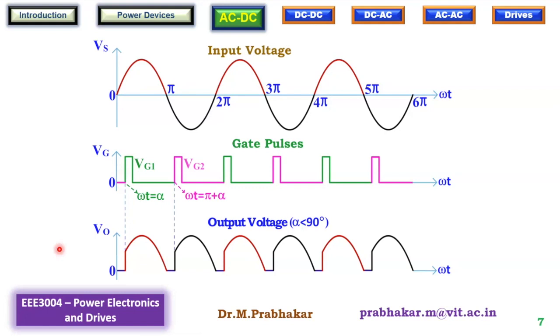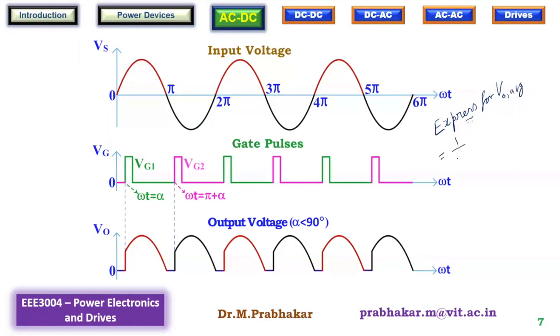Now, can you find out what will be the average output voltage? Can you find an expression for that? Expression for V0 average. How do you find that?